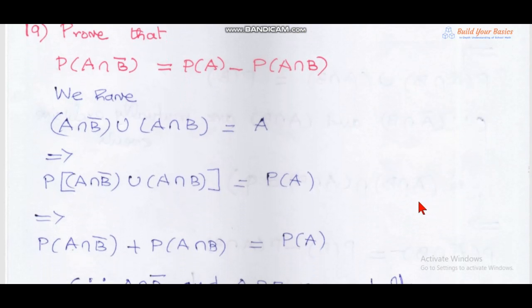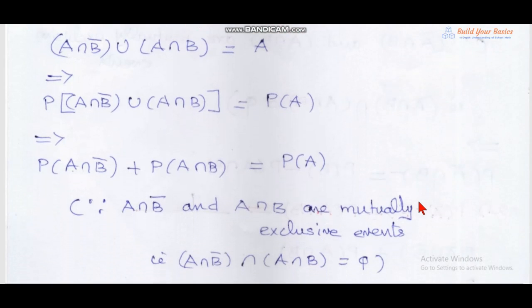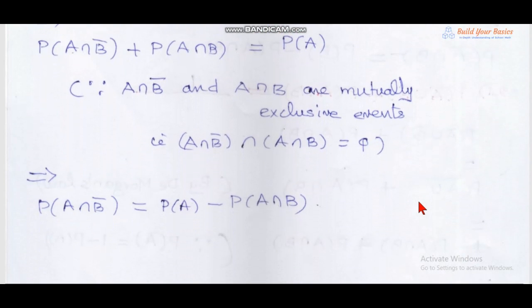That is, their intersection is empty. Therefore, the left hand side is probability of A intersection B bar plus probability of A intersection B, and that's equal to probability of A. Therefore, probability of A intersection B bar equal to probability of A minus probability of A intersection B. That's all.